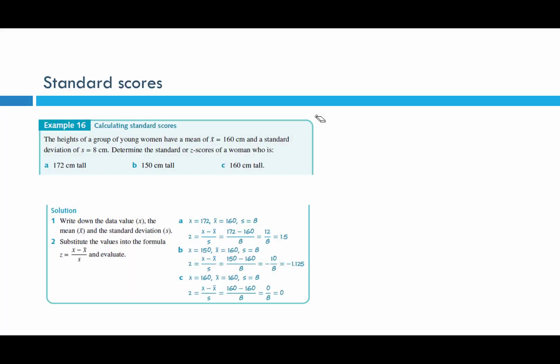So let's have a look at this question here. The heights of a group of young women have a mean of 160 centimeters, a standard deviation of 8 centimeters. Determine the Z score, so this is what they want us to find, given that the woman is 172 centimeters tall.